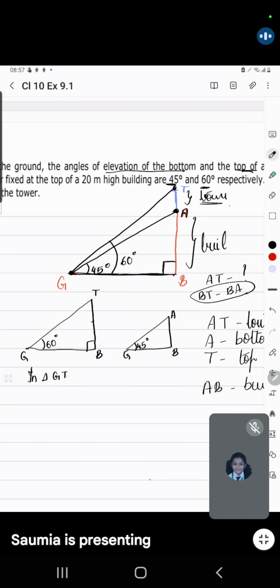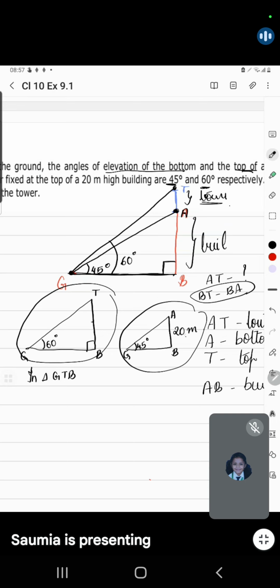In triangle GTB, I know this is 60, and what is given? Top of a 20-meter high building. So I know the building height is 20. For this triangle, I don't know anything, but in this triangle, I know something. So which triangle will I use first?